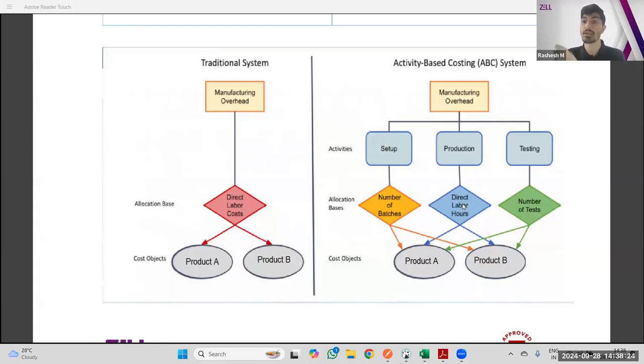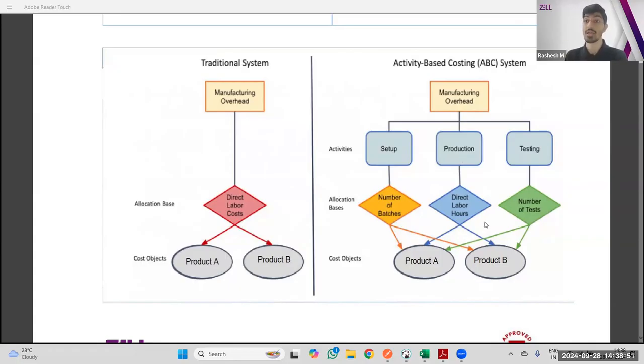Sometimes in a phone, some part has not been assembled correctly, so maybe they have to do rework. To understand all this, they need to do testing. Again, the number of tests that I do incurs my testing related costs. So when we do exam questions, these are the terms that are going to be commonly used. The company had inspection, setups, tests, other overheads, and these are commonly going to be the cost drivers.